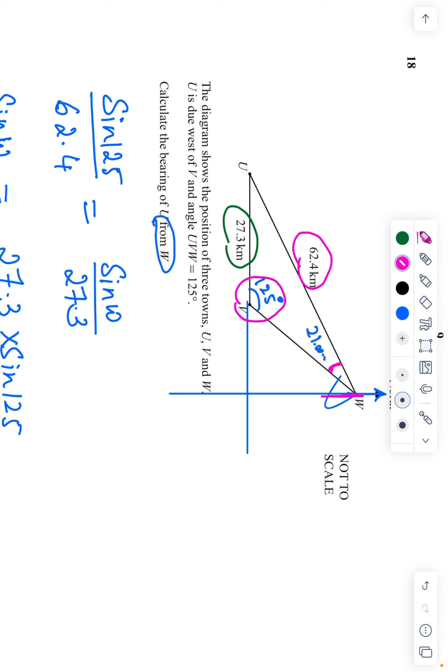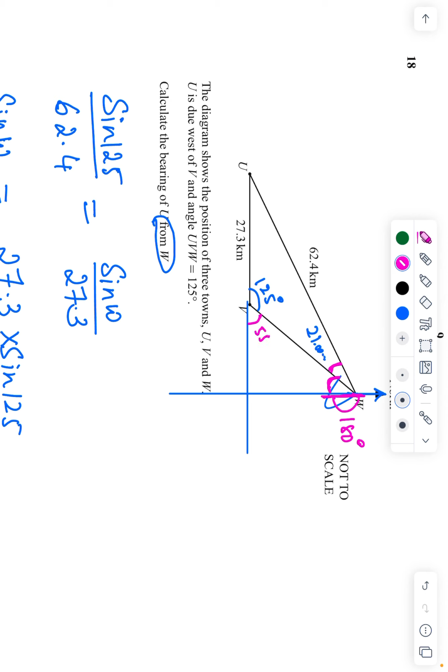This is no problem. This is going to be 180. We need to calculate this. So let's see how do we calculate that. Let me erase these parts first. Okay, so how do I calculate this? Using a straight line property, 180 minus 125 is going to be 55.